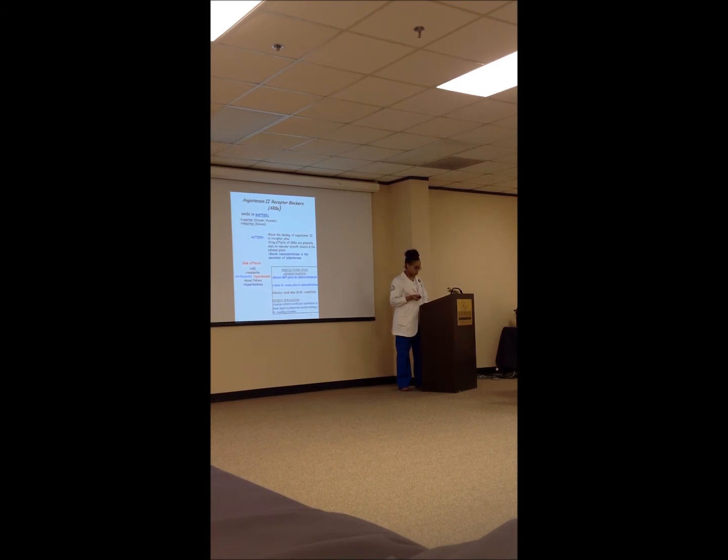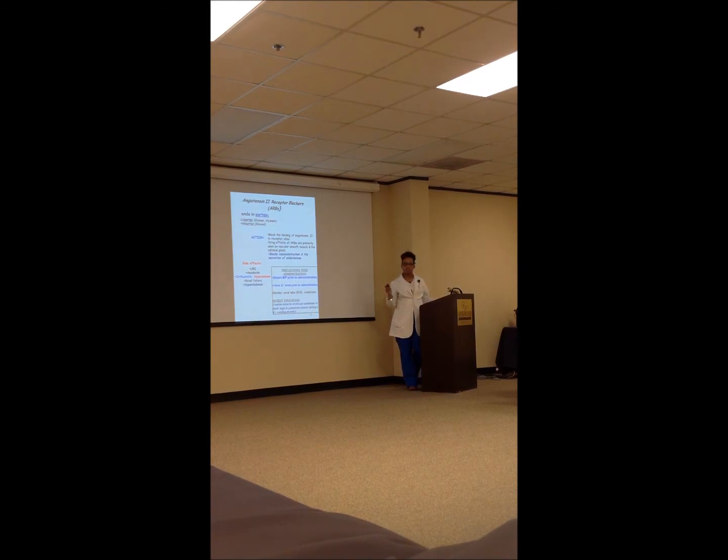Remember all these steps along the RAS. If it doesn't pick up there, then we have another drug that can pick it up. That's why you see patients with more than one hypertension medication, because we're working on different receptor sites. If it doesn't work on the first one, hopefully we can catch it with the second one. And then what do we add if the second one doesn't work?